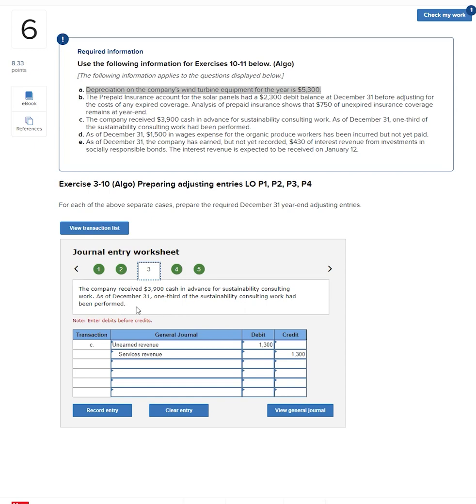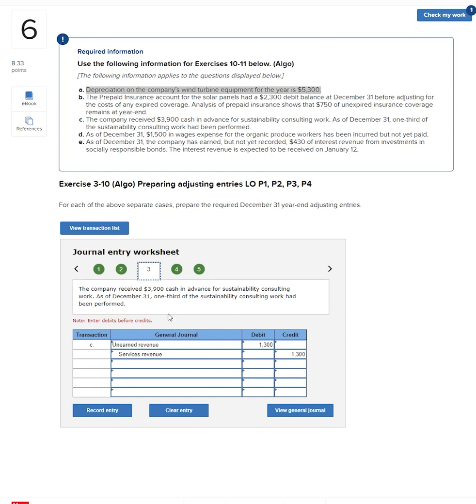Okay, so in this case we don't use the expense accounts, we use the revenue accounts, and we will use the unearned revenue and service revenue accounts in this order, because in this case we receive money before we do some work, so we need to register in the ledger some amount.